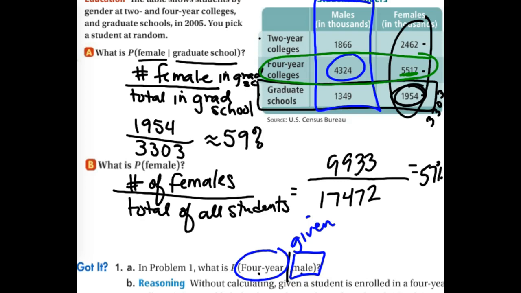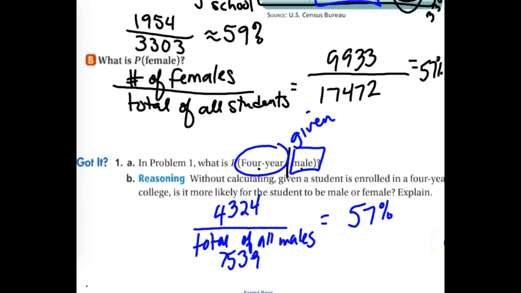There's more females than males. Yes? All right, so the given is what you're going to narrow your table down to. And then within that row or column, you pick the one you want. Yes? Questions so far?